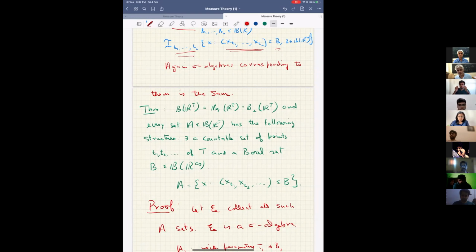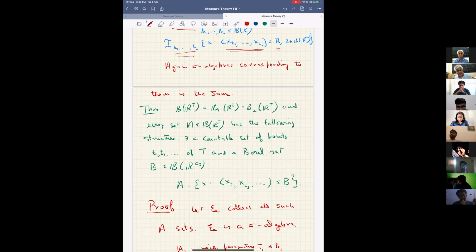So what do I need to prove? I'm going to collect all these sets A of this form first of all, and then I'll show that this collection is a sigma algebra. It's clear that this collection includes all the rectangles at finite time points, so this collection is at least as big as B(R^T).